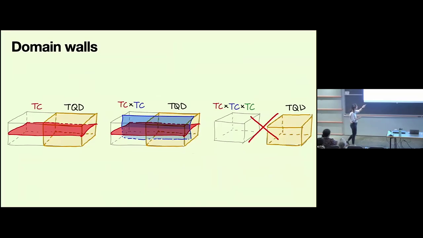It's also possible if we have two input toric codes and the twisted quantum double. So we can make our logical information go from toric codes to twisted quantum double and back. But that's impossible for a triple of toric codes and twisted quantum double. Such a gapped domain wall just doesn't exist. So that's something we just need to avoid in our protocols.